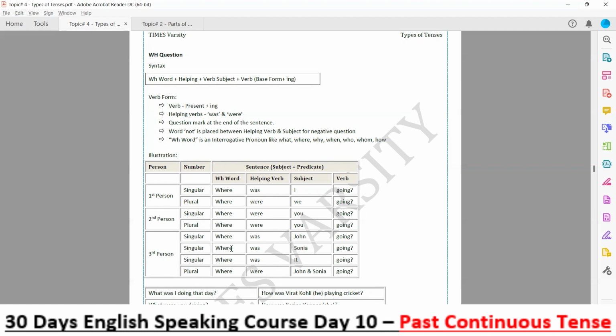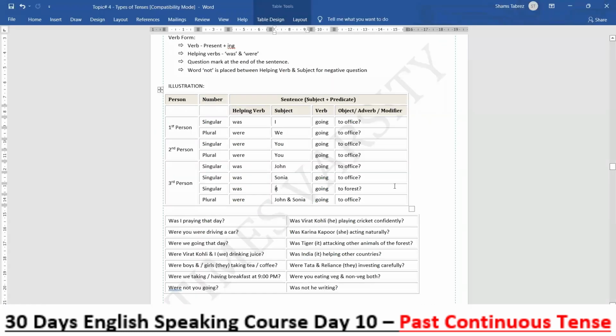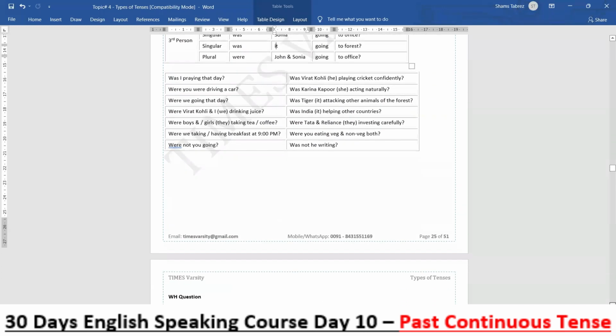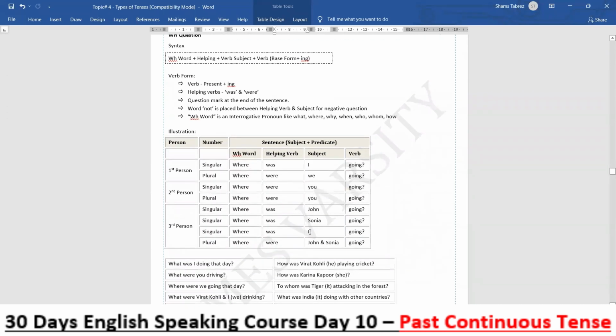Third person singular, where was Sonia going? Similarly, where was it going? So let me correct, because it is in the sentence, and for it, similarly here, it should be it, right? So where was it going, and where were John and Sonia going?